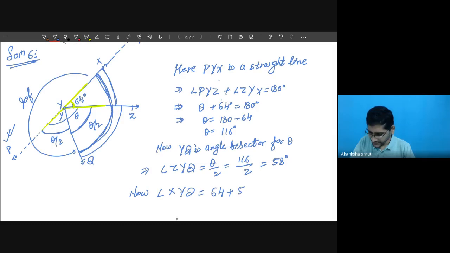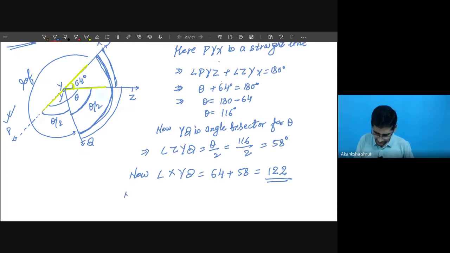Theta by 2, can I write this as 58 degree? So adding these two, how much does it become? 122 degree is this value.